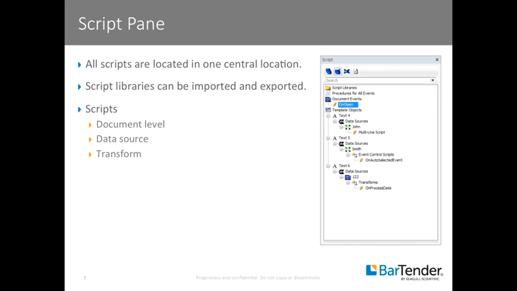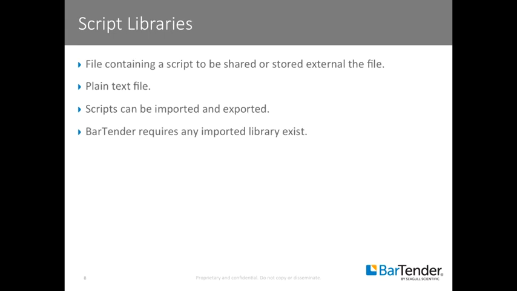In this list you will see all the scripts that are available, whereas in the past you actually had to dig around into each particular object. Now it's easier to navigate because we have them all in one central location. And we also feature script libraries now, which is particular to BarTender, so not a VB script specific feature.